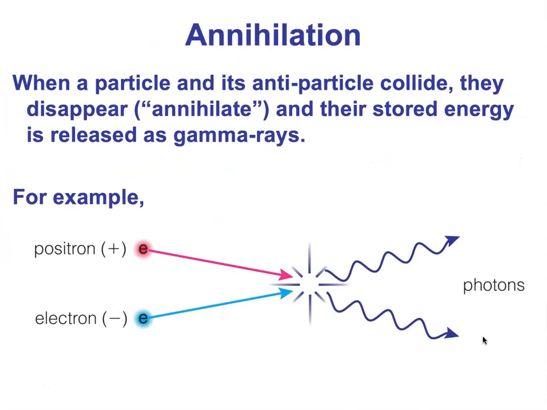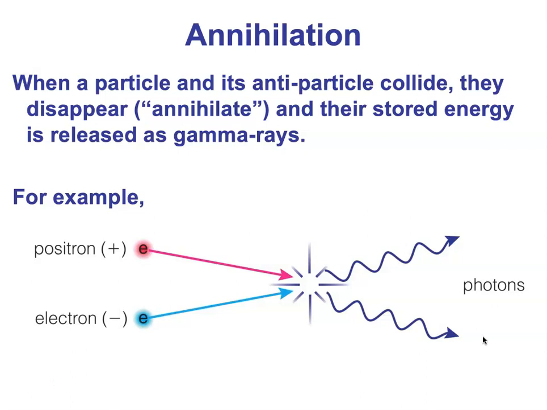And when matter and antimatter meet up, they destroy each other. When you have an electron and an anti-electron, or a positron, right? When an electron and a positron collide, they absolutely destroy each other. They annihilate each other and turn into a flash of photons. And after those photons are gone, there's no matter left.